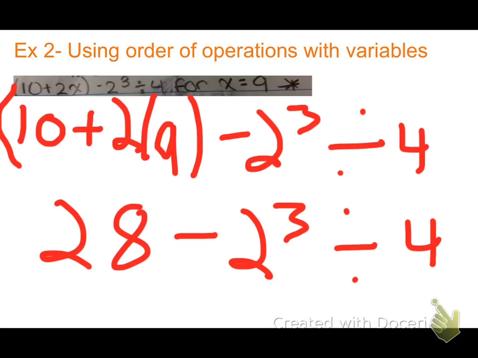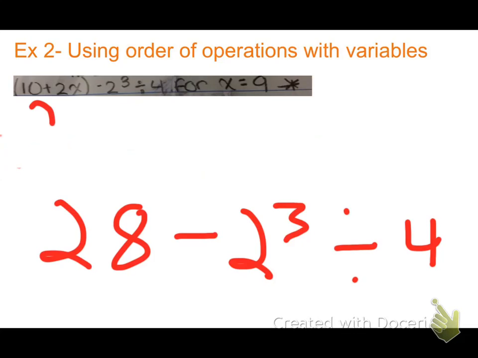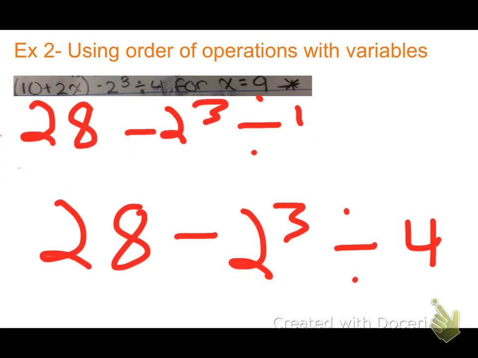Since we don't have space here, I'm just going to erase it all, so copy this down in your notebook. Now write 28 minus 2 to the third power divided by 4.